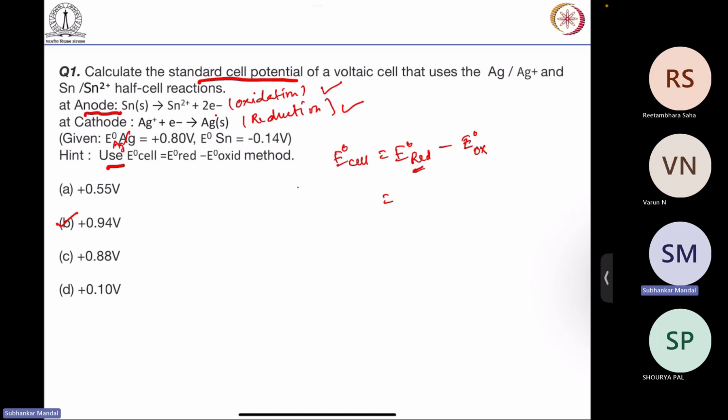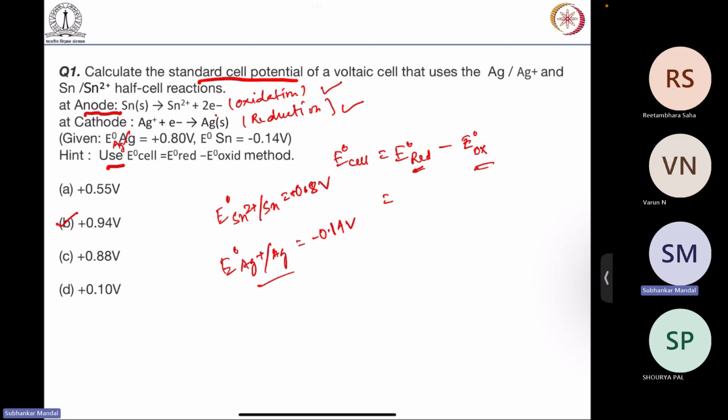Suppose this is E naught of Sn2+ going to Sn, that is plus 0.8 volt, and E naught of Ag+ going to Ag, that is minus 0.14 volt. Okay, so we have to put this value here.